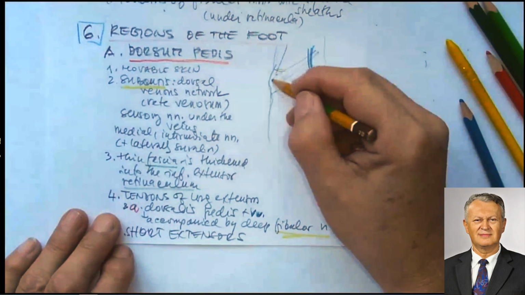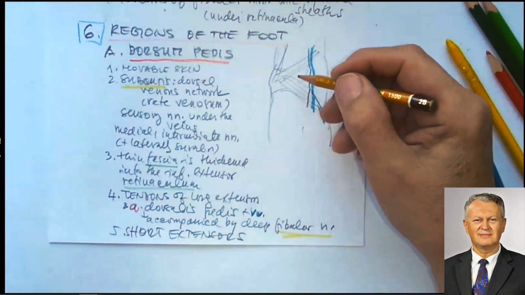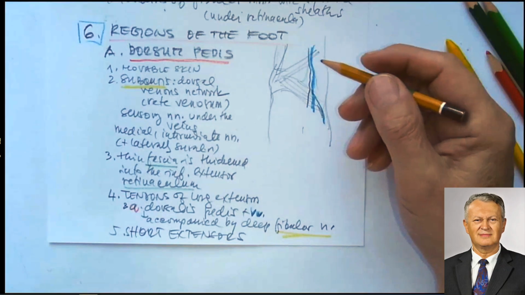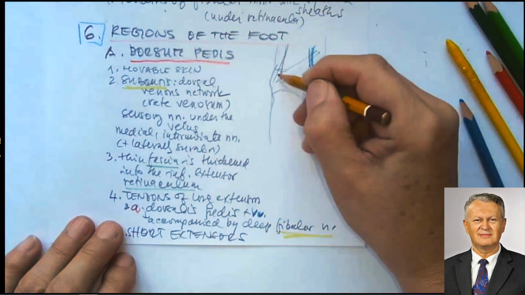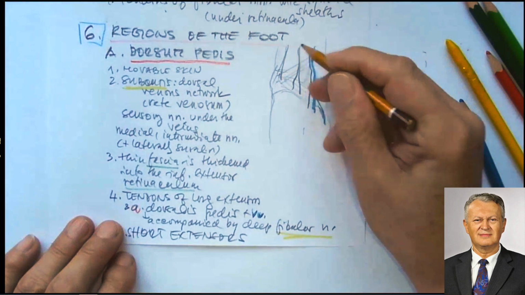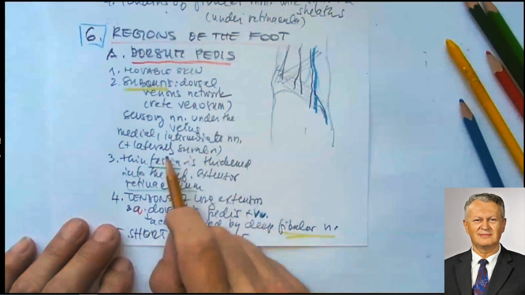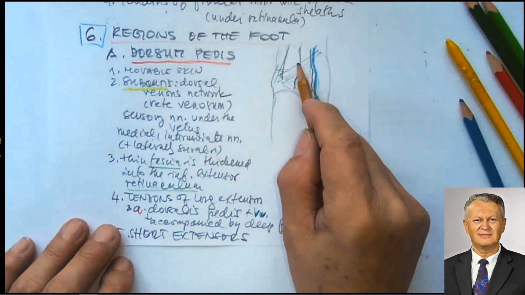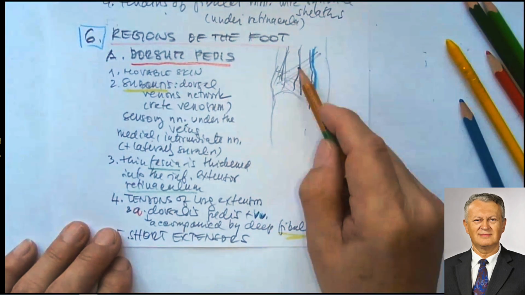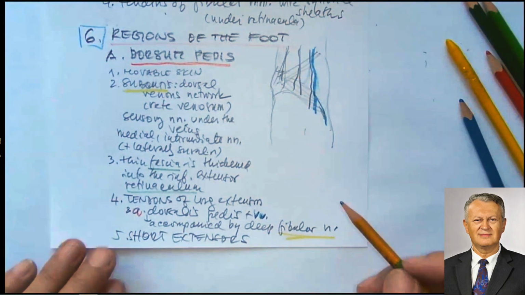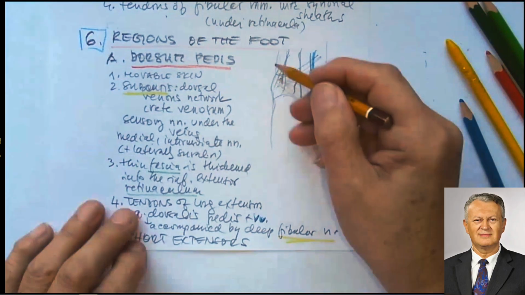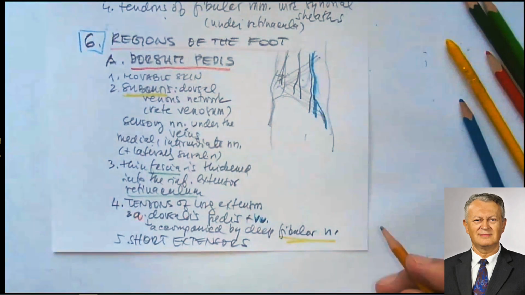And then there are also some superficial nerves. Here must be the cutaneous dorsalis medialis. This is the lateral and medial cutaneous nerve. These are here. Medial and intermediate is here, because sural is on the dorsolateral side.